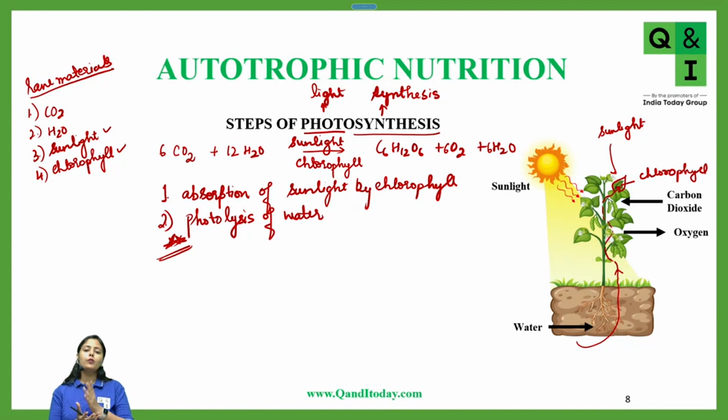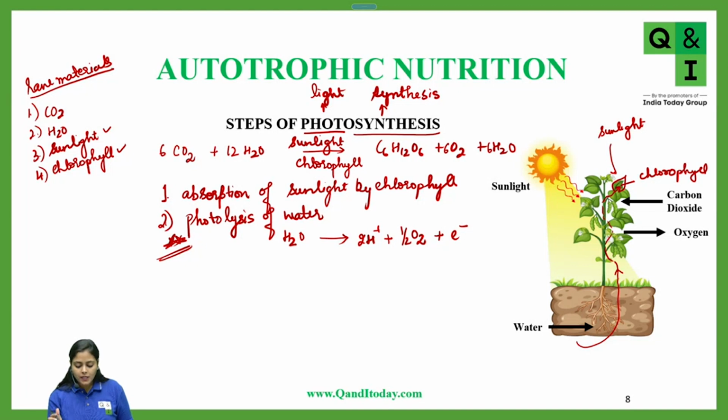So for now, you can just memorize that because of the sunlight, the water gets broken down. So now what is happening? H2O is getting split into 2H plus ions plus half oxygen plus electrons. This is how the photolysis of water takes place.